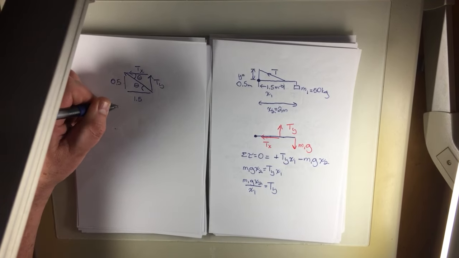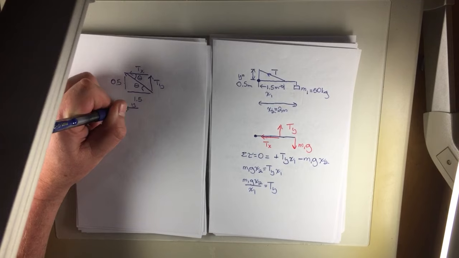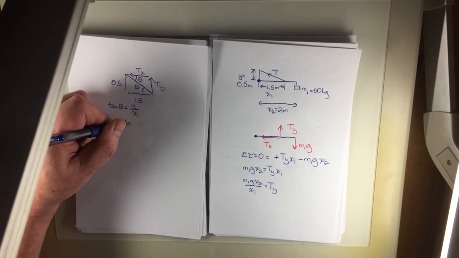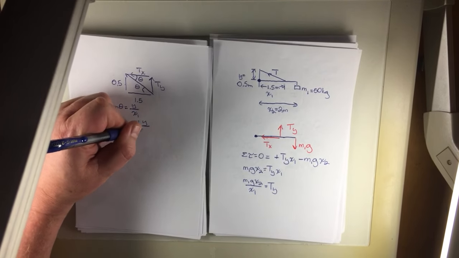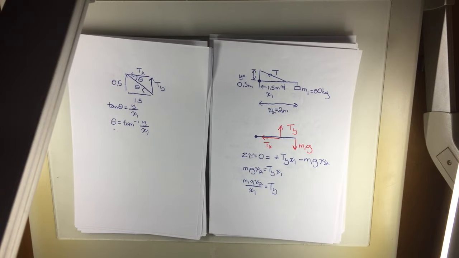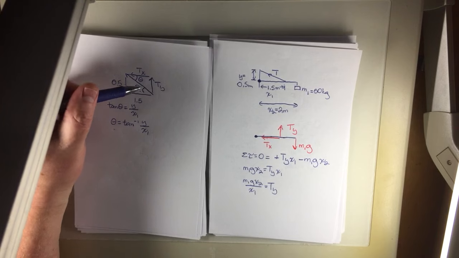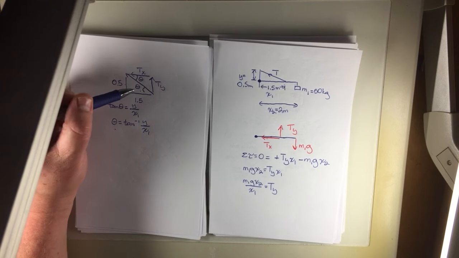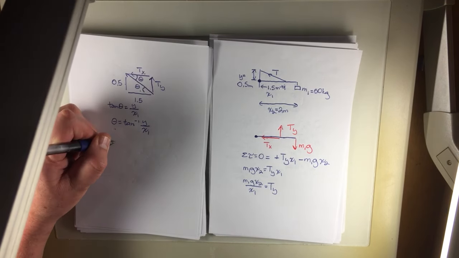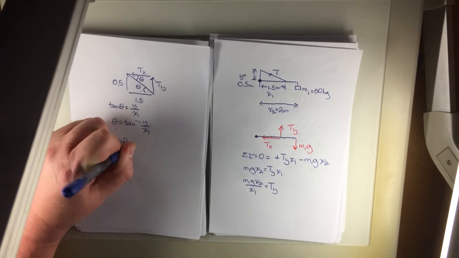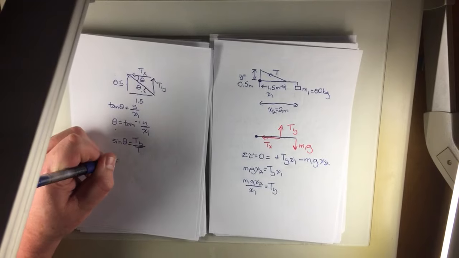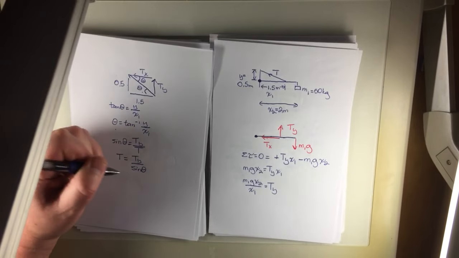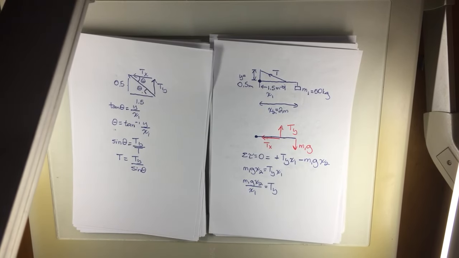So tan of theta is y divided by x1, or theta is inverse tan of y divided by x1. So we can get the angle. If you've got that angle, you've got this angle, because two parallel lines bisected, those angles are equal. Sine of theta is Ty over T, so T is Ty over sine theta. And so that's the tension in the string.